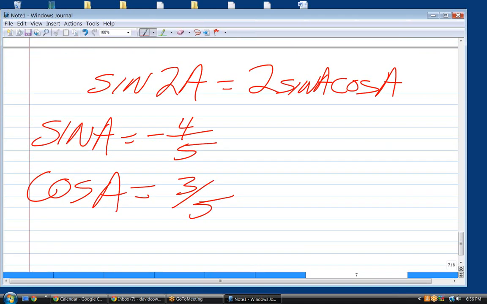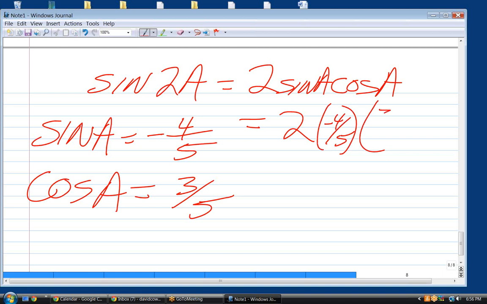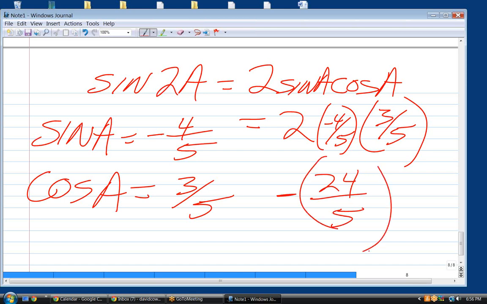So if you want the sine of 2A, then it's going to be 2 times negative 4/5 times 3/5, which is 24/5 negative. And that is the sine of 2A.